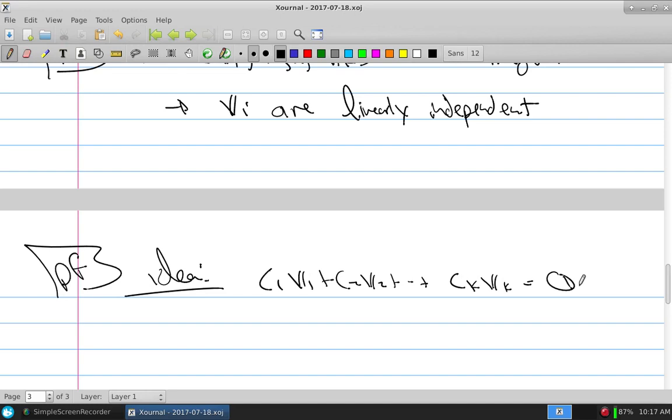We look at the homogeneous system and check if it has only the trivial solution, right? If this only has the trivial solution, then they would be independent.